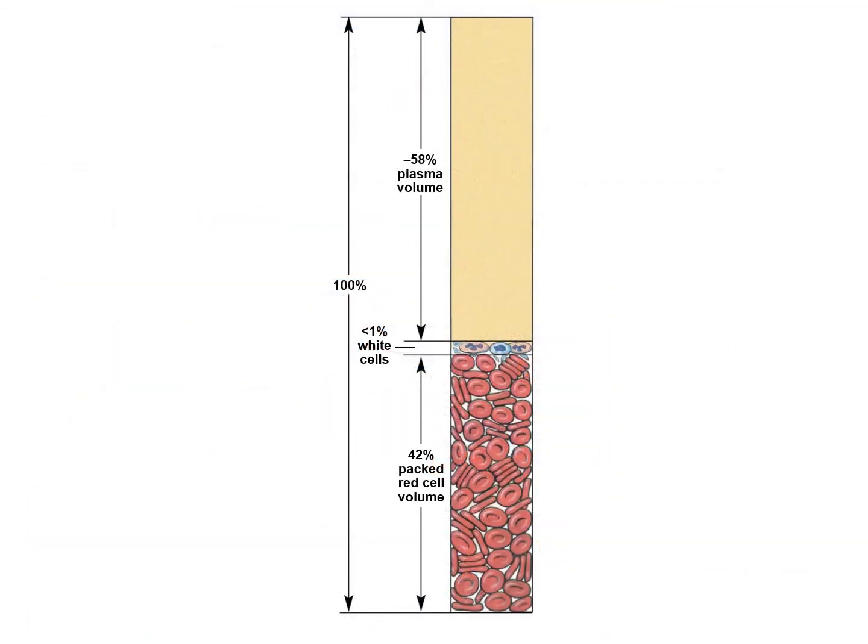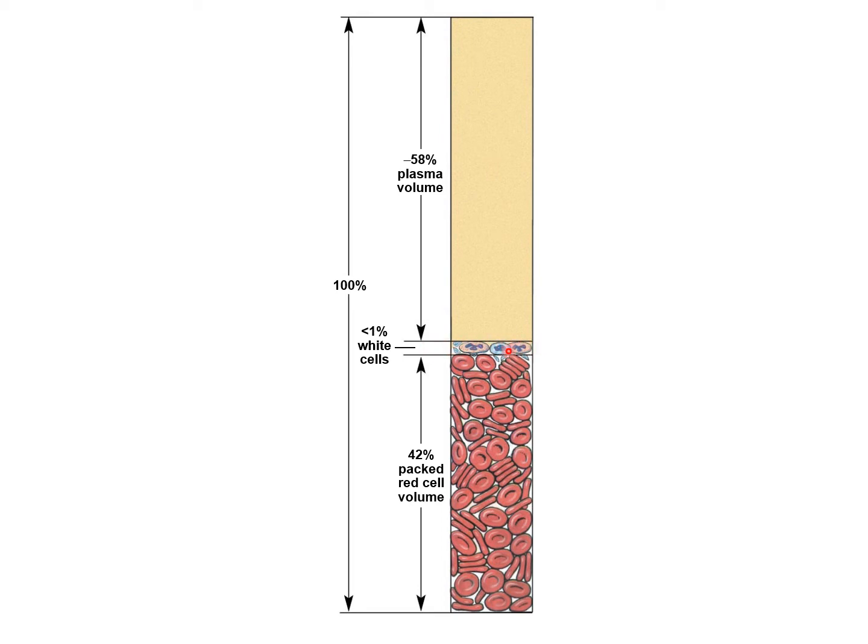So again, if we take a blood sample, and it really doesn't matter how much we have, let's say it's 50 microliters, let's say it's 100 microliters. 100 microliters, that would be 100%. If 42 microliters of that 100 are occupied by red blood cells after we spin it down, that gives us a hematocrit of 42.